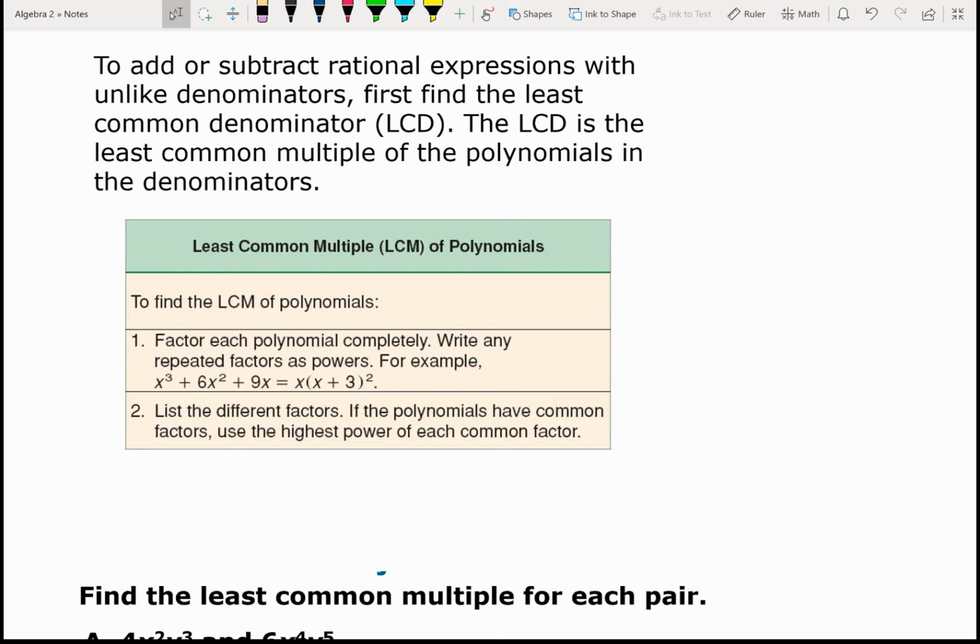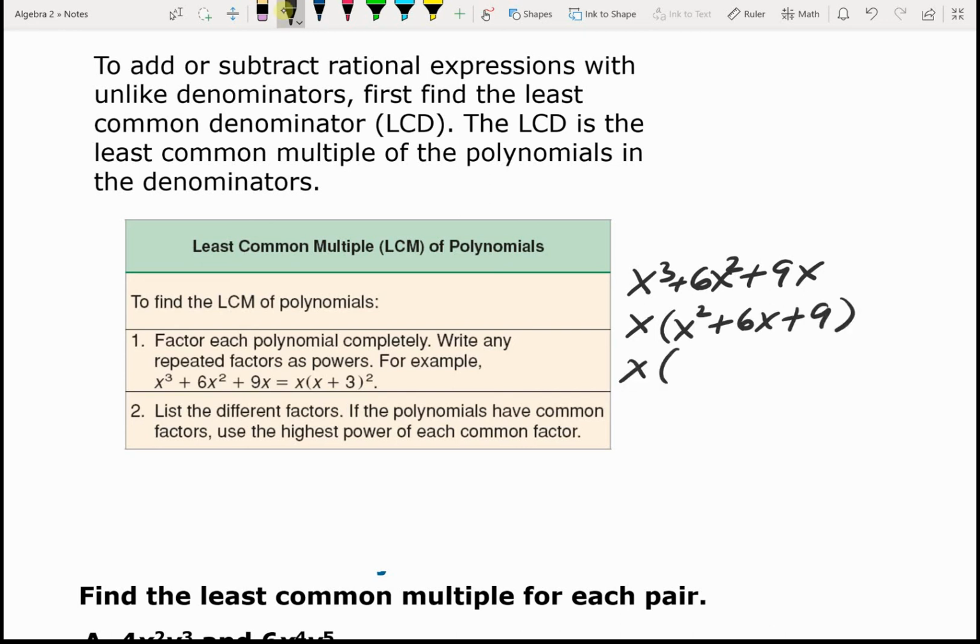For example, they give us x cubed plus 6x squared plus 9x. I need to factor that completely, so I can first factor out an x. That leaves me with x squared plus 6x plus 9, of which I can factor x plus 3 times x plus 3.